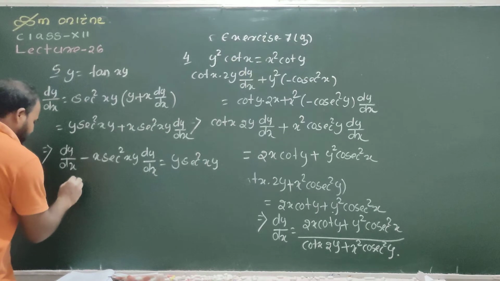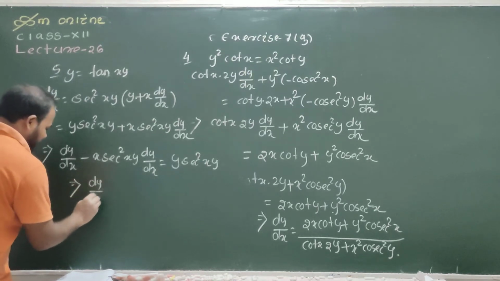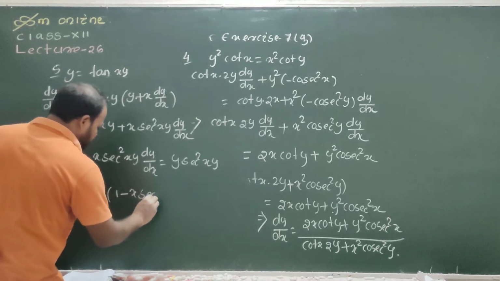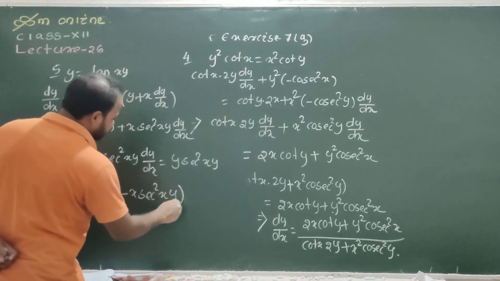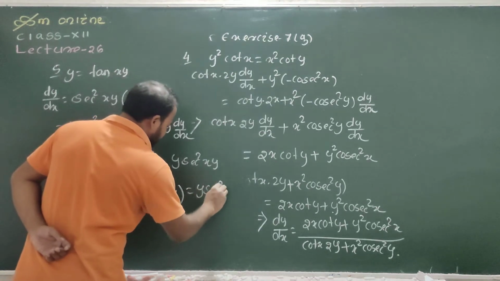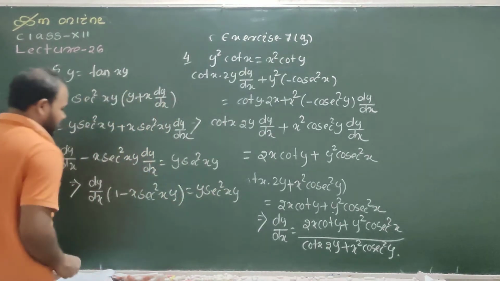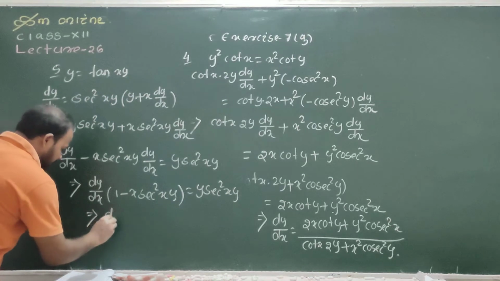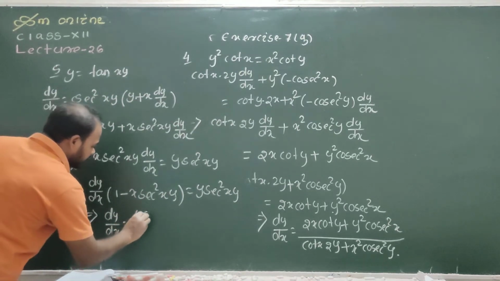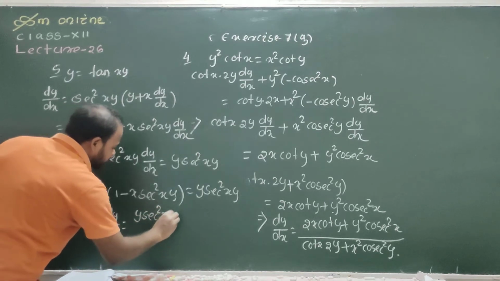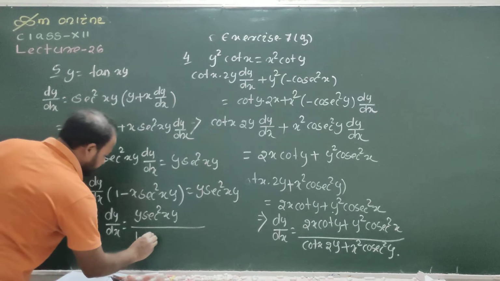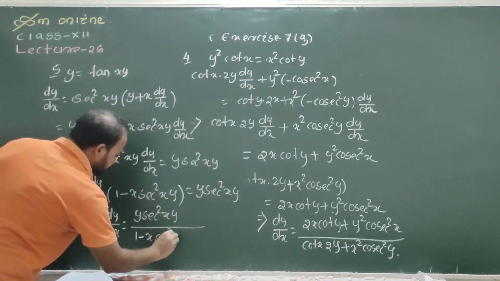Taking dy/dx as common, it is 1 minus x sec²(xy), equal to y sec²(xy), and finally we get dy/dx equal to y sec²(xy) upon 1 minus x sec²(xy).